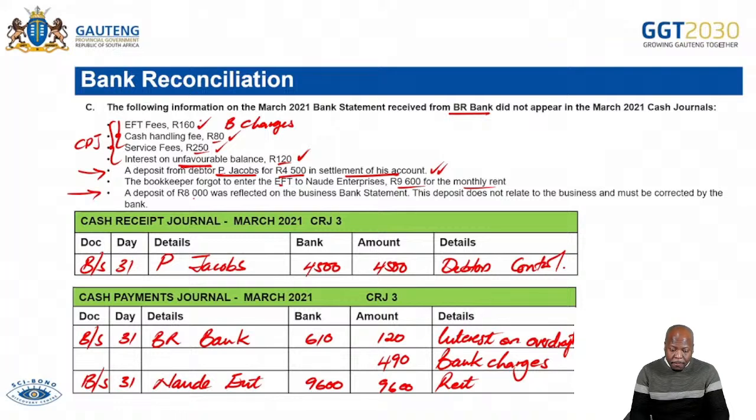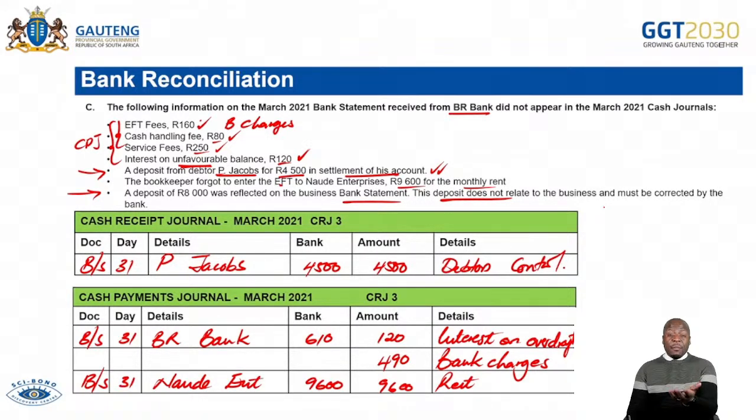The last one then reads, a deposit of 8,000 was reflected on the business bank statement. This deposit does not relate to the business, that is us, and must be corrected by the bank.